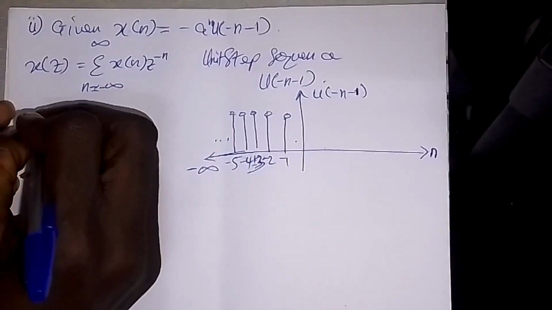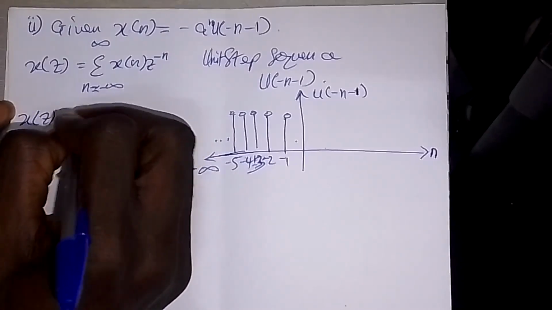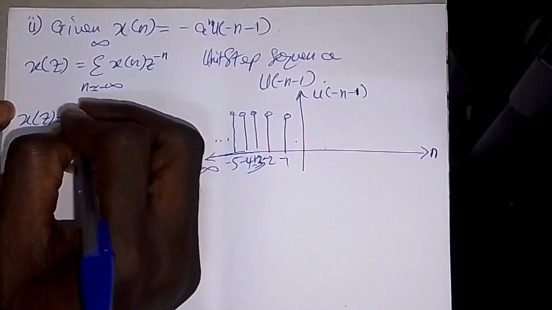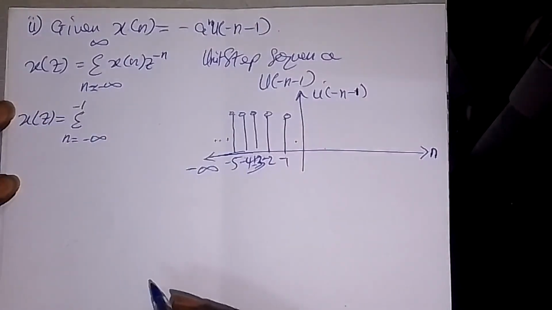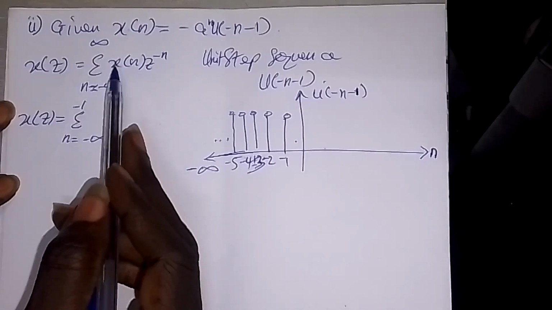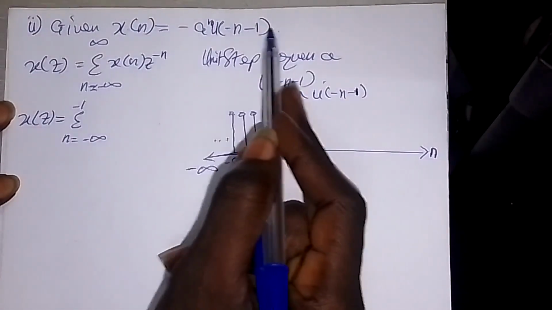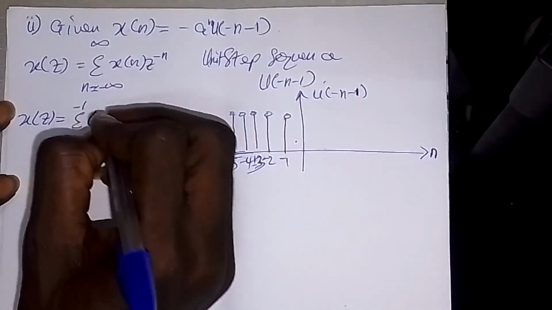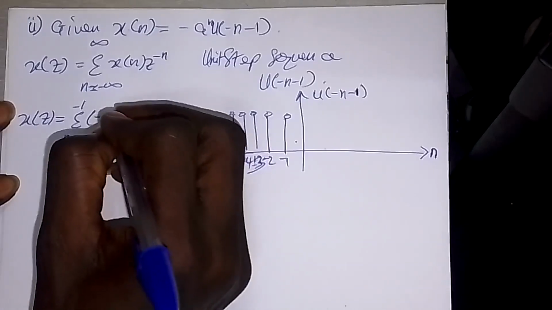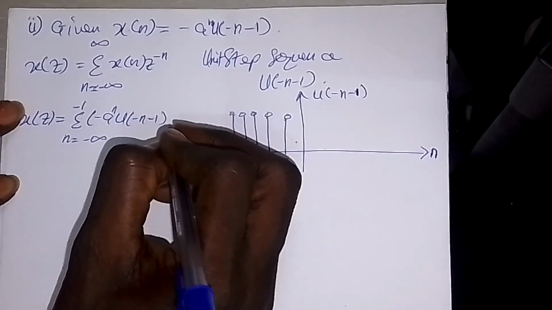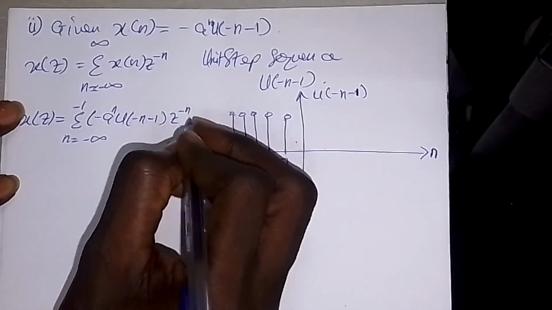So I'll make x of z equal to the summation from n equals minus infinity to minus 1 of x of n, z exponent minus n. What is x of n? x of n is this particular sequence: minus a exponent n into u of minus n minus 1, into z exponent minus n.